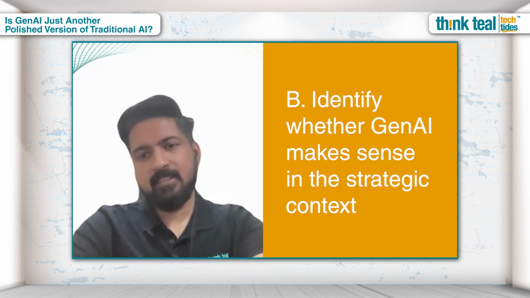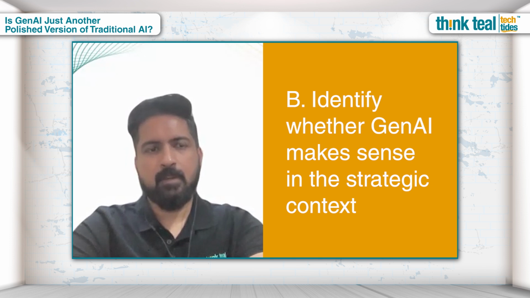Organizations need to be clear about what specific problems or opportunities they want to address with Gen AI. It is also important to evaluate if Gen AI makes sense in a strategic context of the business, or if they're just riding the hype train. Identifying the right use cases can go a long way in ensuring that Gen AI is being used effectively.